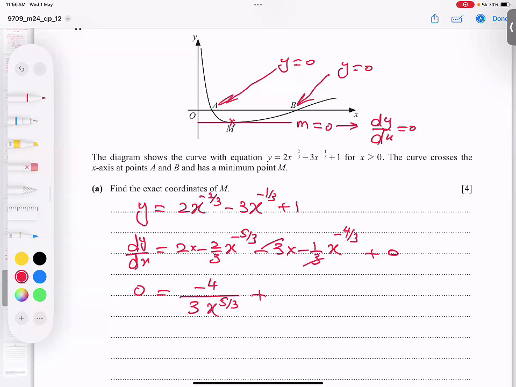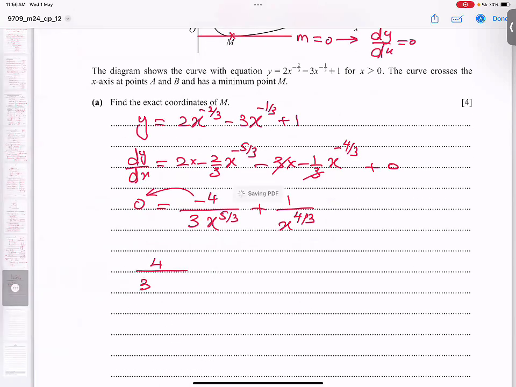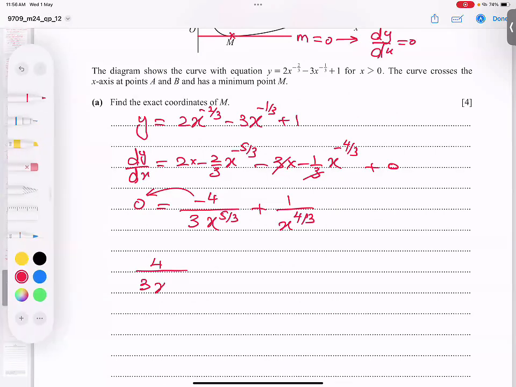Minus minus plus, the 3s cancel out, and I get 1 over x to the power 4/3. I will bring this whole part here. It will turn positive. There are a lot of ways, but I think this way is convenient for students. They will understand easily. This is the highest power, so this will go there, but the 4/3 will stay here.